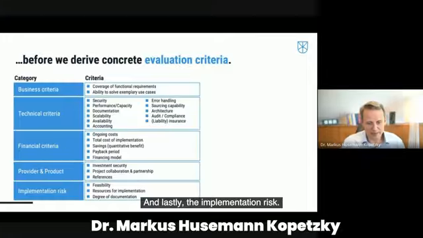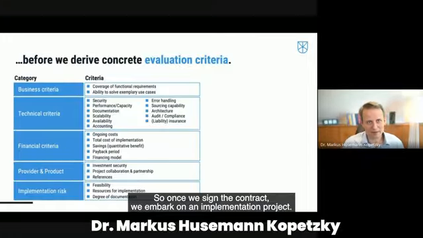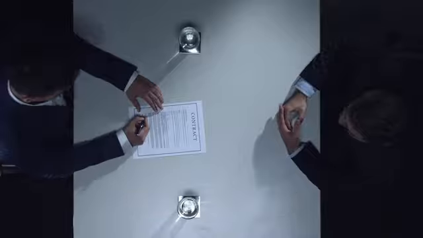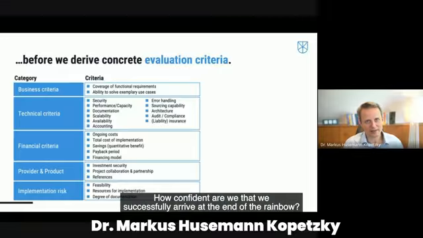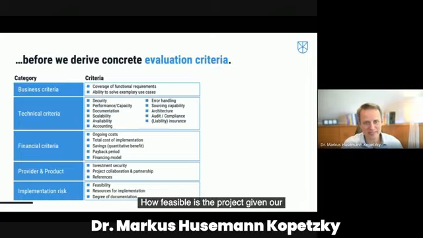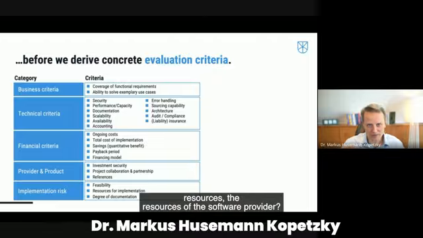And lastly, the implementation risk. Once we sign the contract to embark on an implementation project, how confident are we that we successfully arrive at the end of the rainbow? How feasible is the project given our resources, the resources of the software provider?